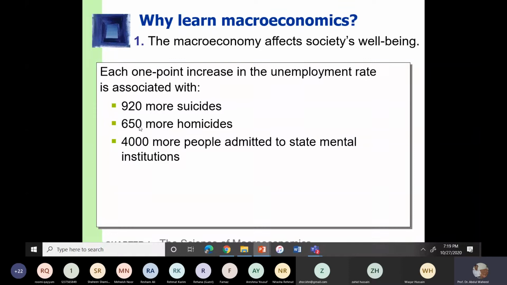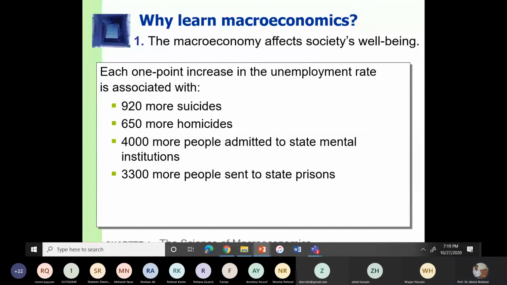So these are basically the effects which were studied by some researchers, and then 3,300 more people sent to state prison, because if there is unemployment, it will result in an increase in crime.